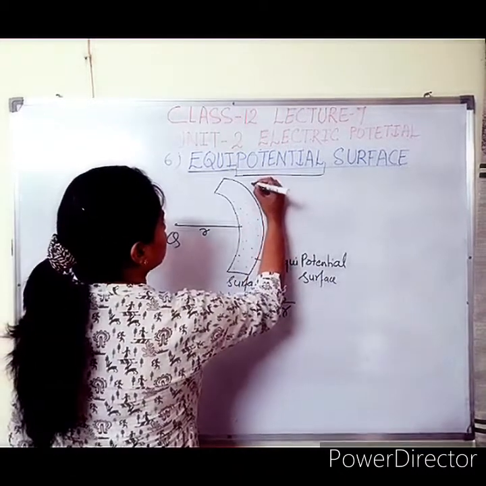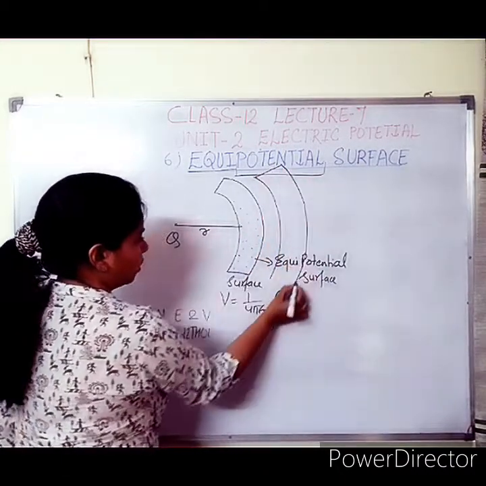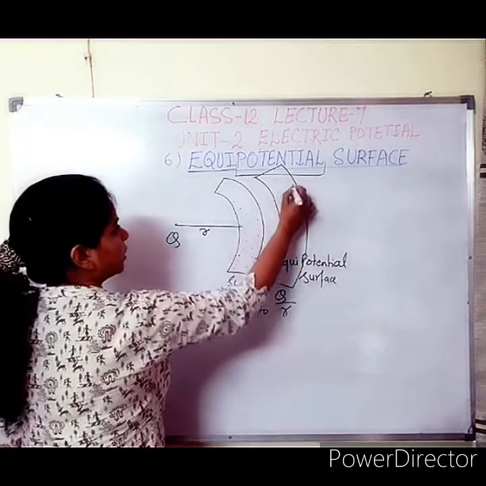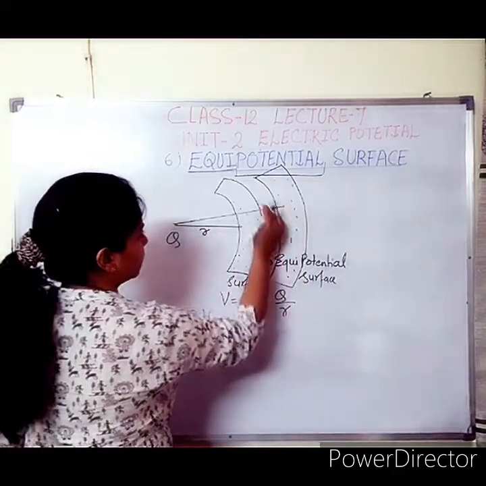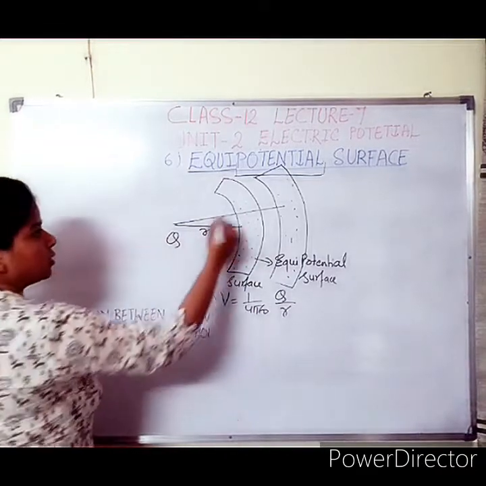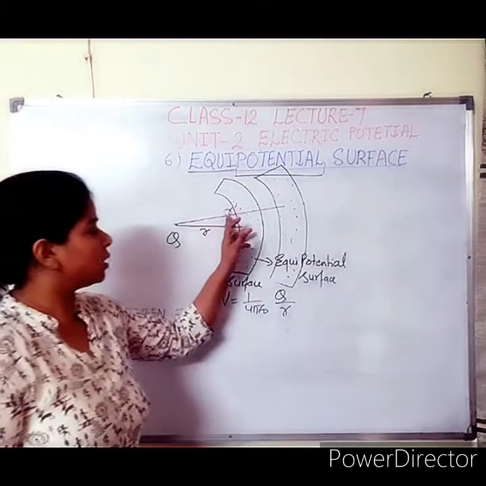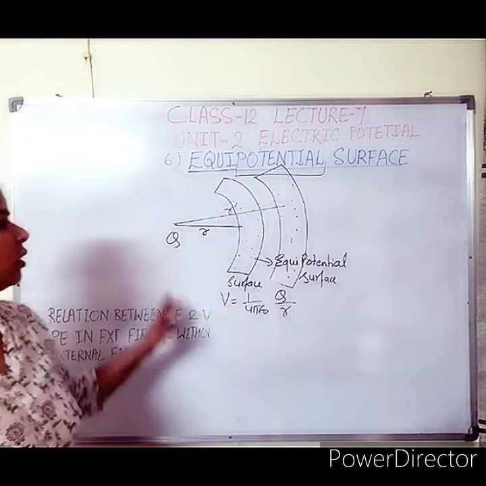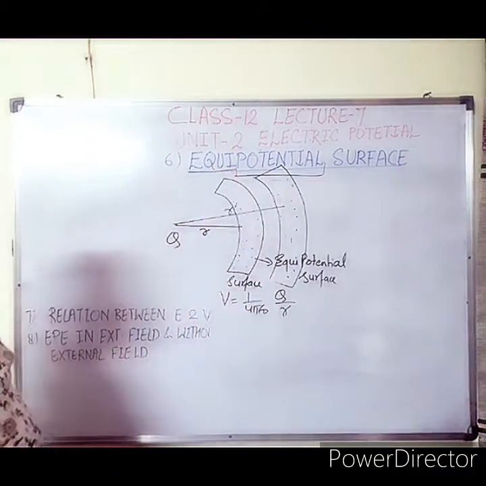We can draw the family of equipotential surfaces. We can take one more arc in three-dimensional space, and we can take the points whose distance from the source charge is, let it be R dash. So distance is equal to R dash and the charge value is same Q. So this is another equipotential surface.